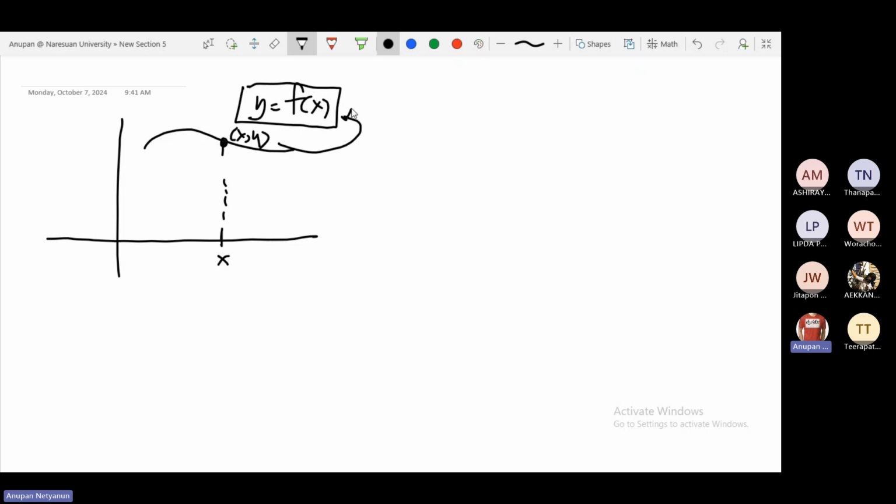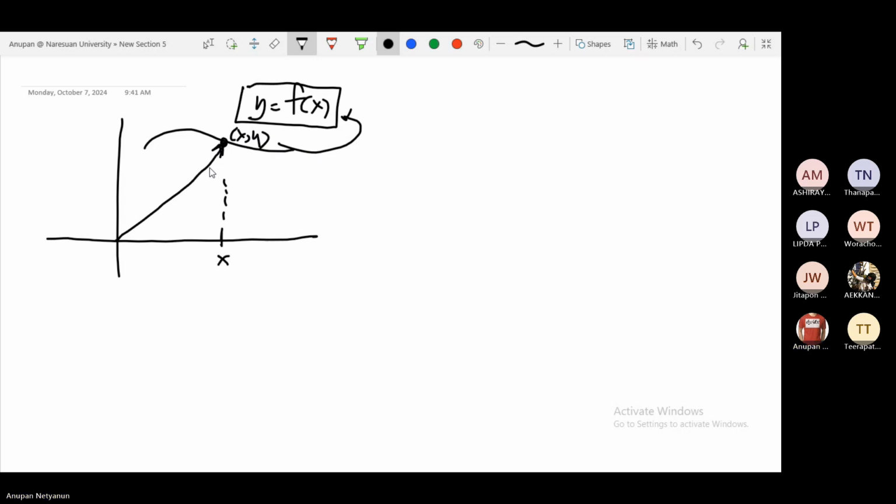We look at this graph here or this curve from the perspective of a point. Now, in the other way we know that each point is actually a vector.